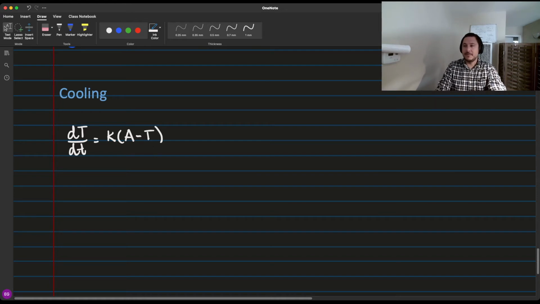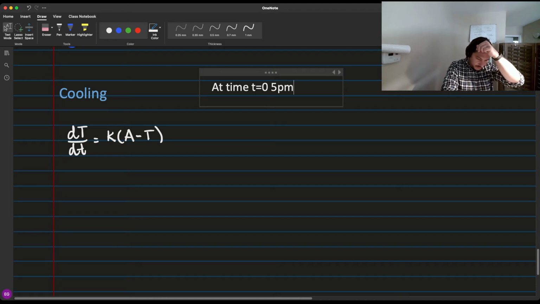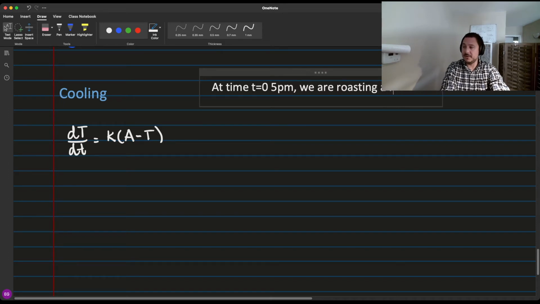Okay, so a very common problem of this would be, let's say that at time t equals 0, 5 p.m., we are roasting a roast beef. The temperature of the oven is 375 degrees Fahrenheit.